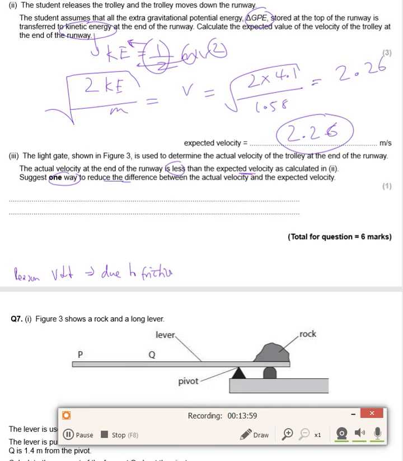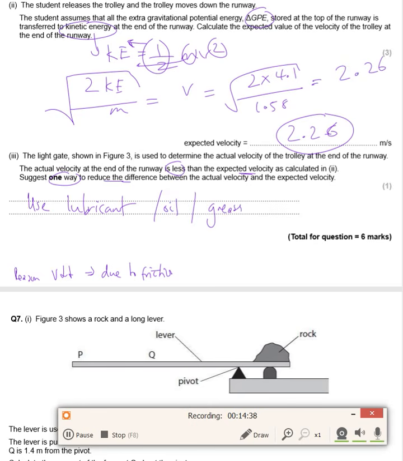So the reason why the actual velocity is less is because of the friction. And the question says one way to reduce the difference between the actual value. So we need to find a way to reduce friction. And to reduce friction is very simple: use some sort of lubrication, so lubricant, or we can use oil. So pretty much we just add oil on it, add some lubricant, or we can add some grease as well.